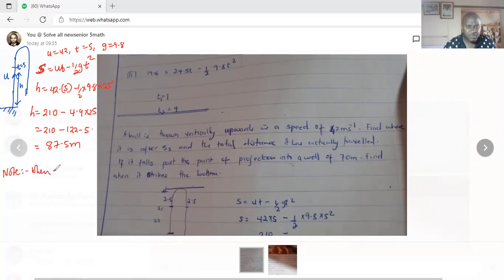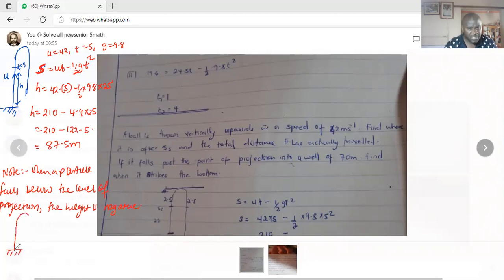When a particle falls below the level of projection, the height is negative.